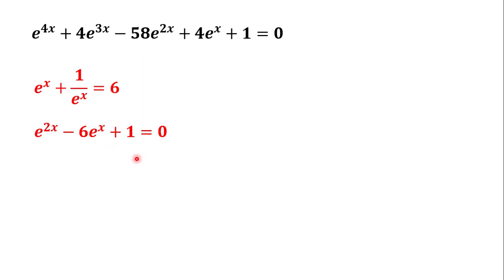Once again, we need to use the change of variable method. We introduce e to the power x equals t.